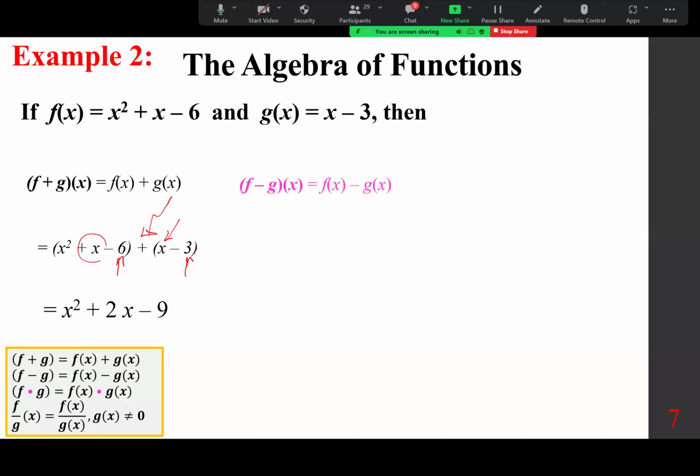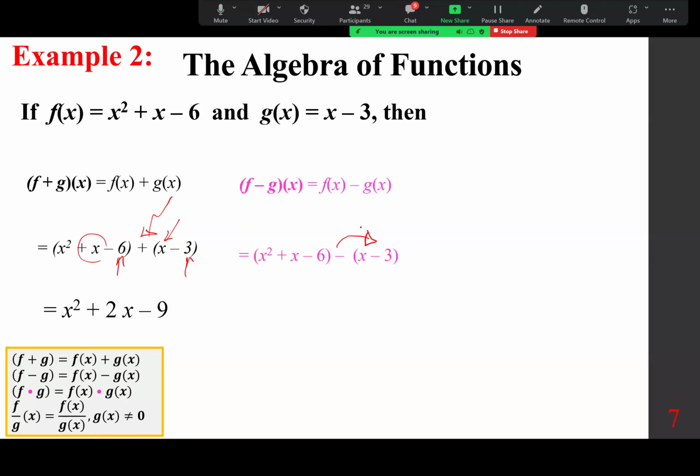f minus g of x, by definition, is f of x minus g of x. And we must distribute. So we keep the first parentheses. We can drop the parentheses, but we keep them unchanged. Then we apply the negative to the second parentheses.